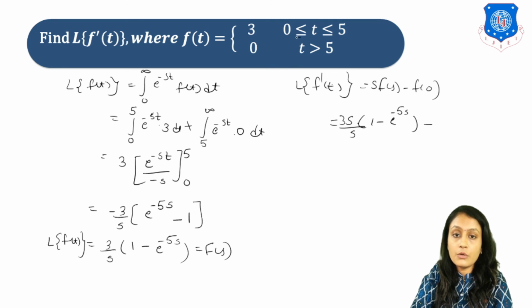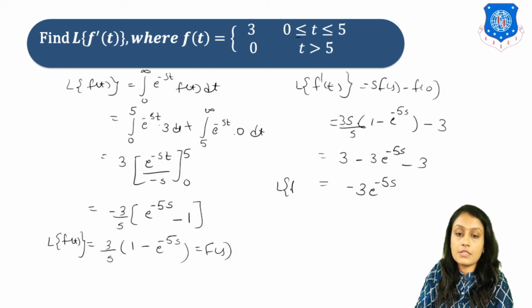Now 0 is included over here, right? So f(0) is what? 3. So here we have 3. This s will get cancelled. Multiply 3 inside, so you will get 3 minus 3 e raised to minus 5s minus 3. Again this 3 will get cancelled, so the final answer is minus 3 e raised to minus 5s. This is Laplace transform of f dash t.